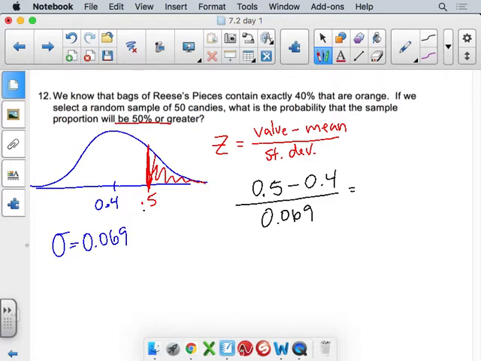So for the z-score, round to 2 decimals. 1.449 would be 1.45. So that's our z-score, a positive 1.45.